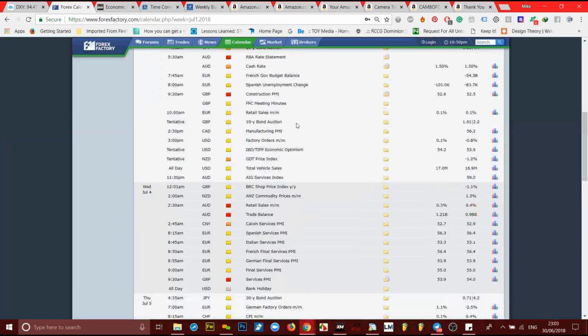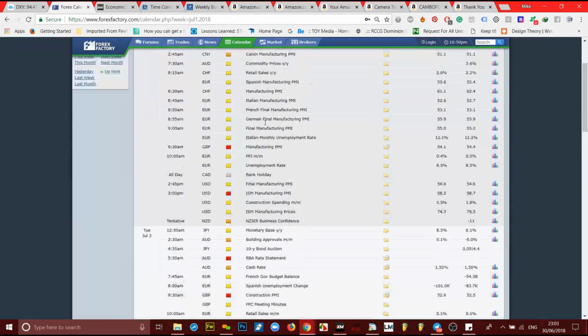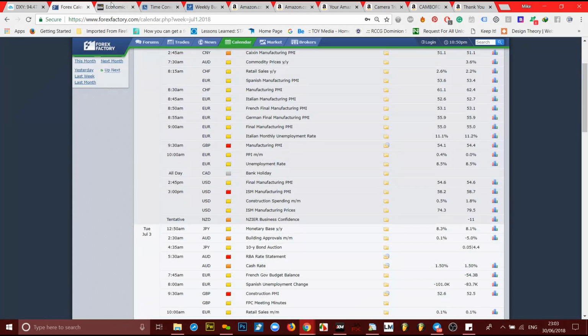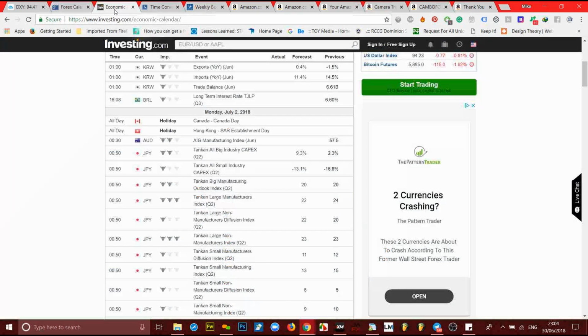When we look at it here, we see maybe a yellow folder or a grayed out folder, but at the end of the day on the MT4, the pair just starts moving. So that's why I want to start looking at this particular calendar as well.